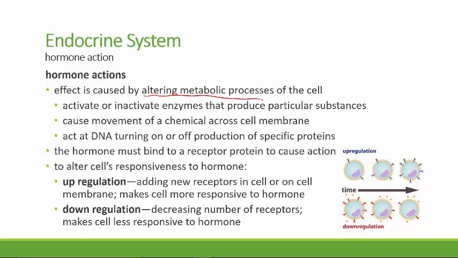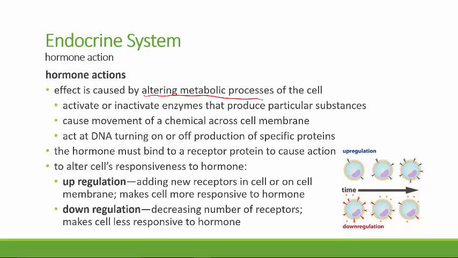So we can change the responsiveness of the cell by adding more receptors in the cell or onto the cell membrane, depending on how the hormone acts, and that will make that cell more responsive. Or we can remove or decrease the number of receptors that are found in the cell or on the cell membrane, making the cell less responsive to a material.